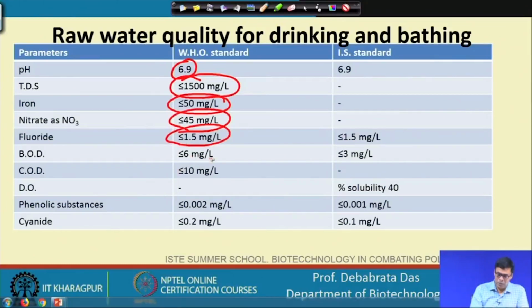Fluoride, I want to point out, is very important. The BOD, the biochemical oxygen demand of the biodegradable organic matter, should be less than 6 milligram per liter. This is very, very important as per the drinking water concept. This indicates whether your drinking water is contaminated or not. This is the Indian standard given by the ISI, and this is the WHO standard.